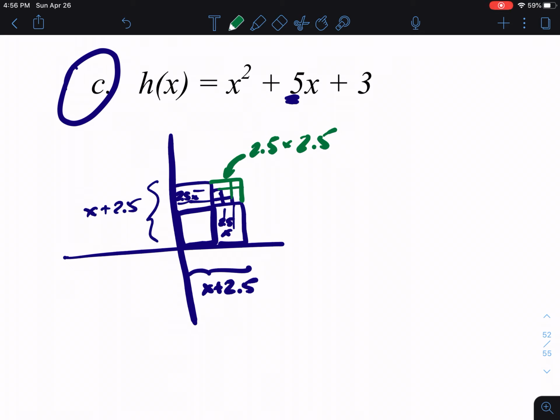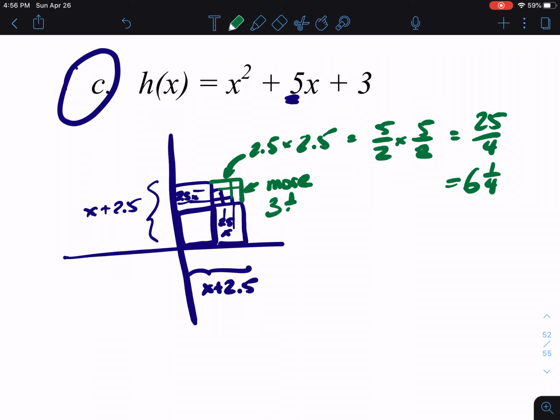That's 2.5 times 2.5, or 5 halves times 5 halves, which is 25 quarters, or 6 1/4. But we only have 2 or 3 of them in there, right? So we need to be adding another 3 1/4.